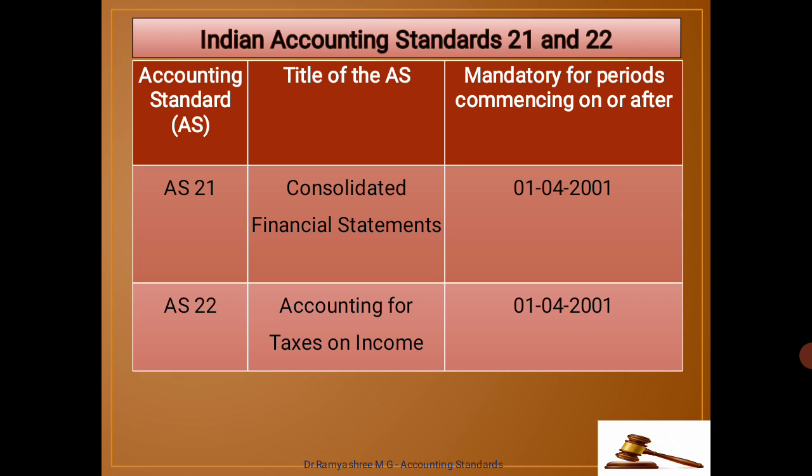An enterprise that presents consolidated financial statements should prepare and present these statements in accordance with this standard. This disclosure should be made in consolidated financial statements, a list of all subsidiaries including name, residence, proportion of ownership interest and voting power held.